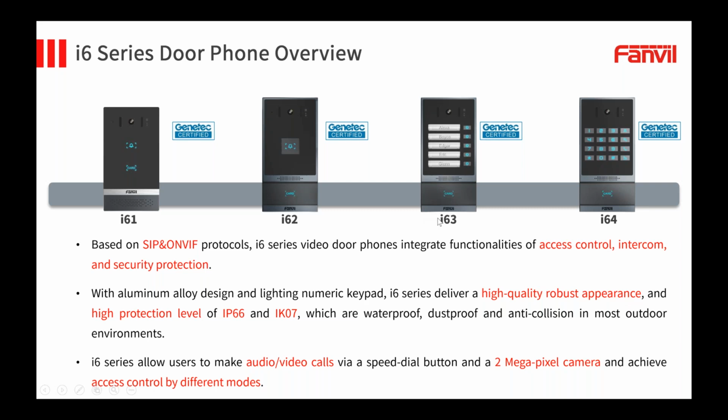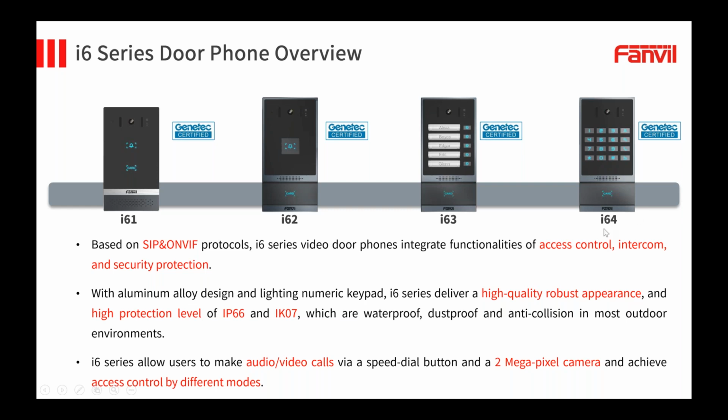And just look at the i63. It has 5 speed dial buttons. You can freely personalize them to different rooms and different contacts, to make it more flexible. You can make it a supplement to the access control solution we have mentioned above.